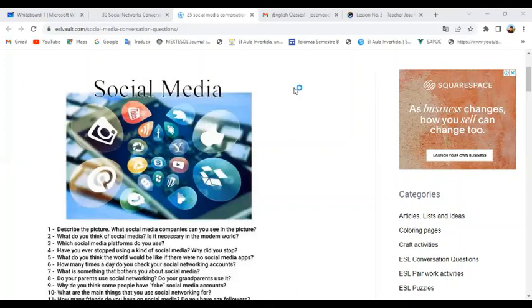I think social media is a good tool for communication, for information, and for knowing the latest information about successes around the world, and sometimes also for meeting new people, for communication with my family, and also for fun, and only that. Okay, do you think it's necessary in this modern world? Not necessary, but it is a good tool.